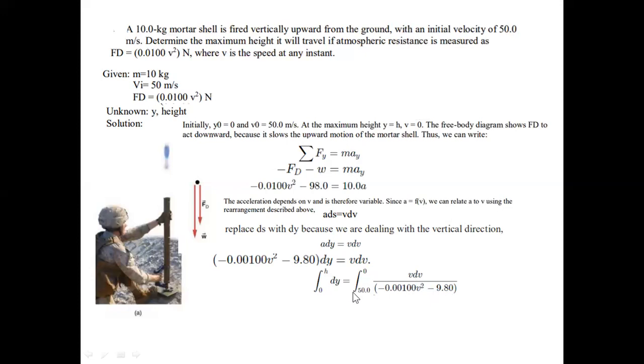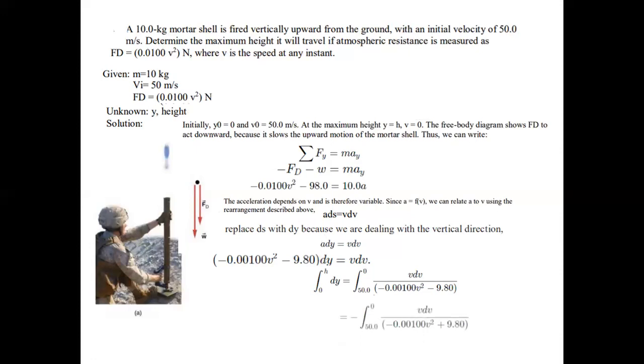The lower limit at height equal to 0 is, once the soldier starts firing the mortar shell, 50 meters per second, with 0 as our upper limit. Why is it 0? Once the mortar shell reaches the maximum height, the velocity at the maximum height is equal to 0 and it will start to free fall.